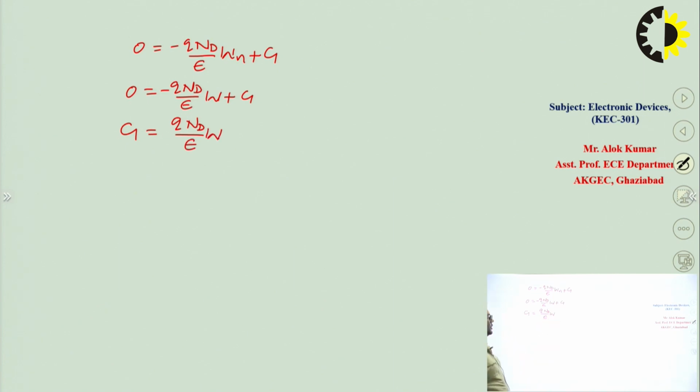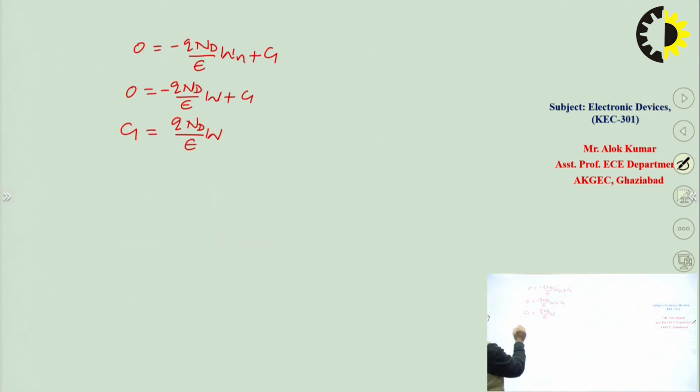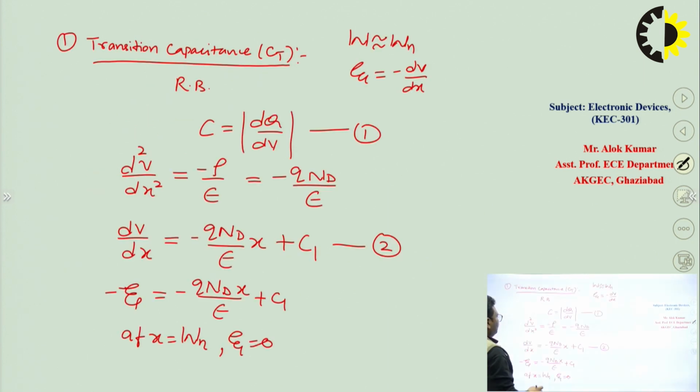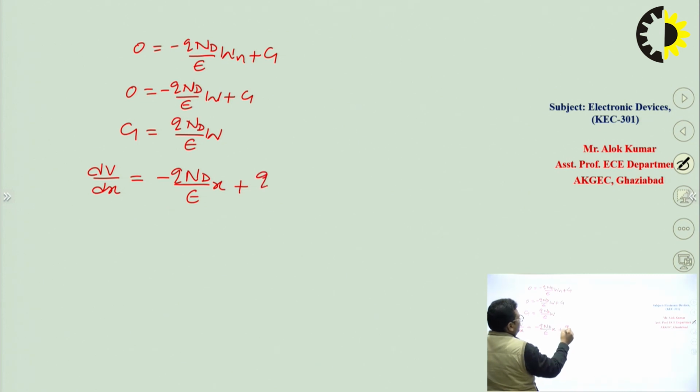This will be the value of C1. So if I put this value in equation number 2, I can write dV by dx is equal to minus q Nd upon epsilon into x plus C1, which is equal to q Nd into W upon epsilon, right?